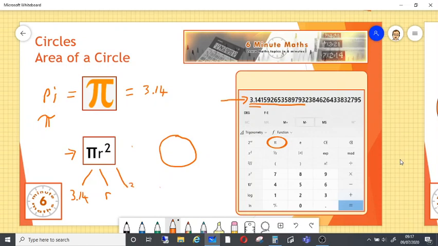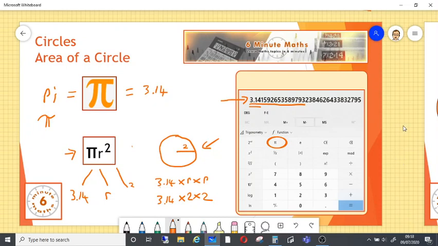So the actual formula for calculating the area of a circle, let's just say the radius was 2 here, it would be 3.14 for pi times the radius times the radius. And in this quick example here, it would be 3.14 times by 2 times by 2, because the radius is 2. And that's it. That's the formula to calculate the area of a circle.